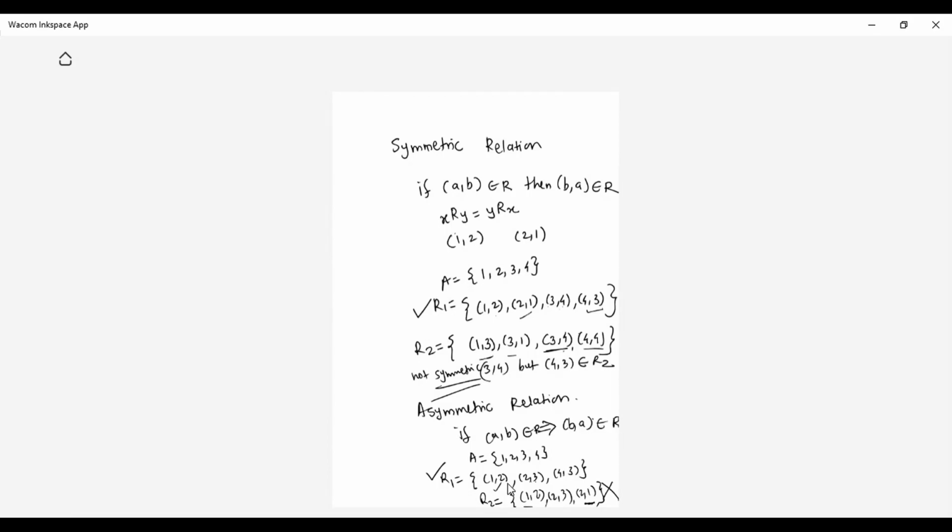Now next, very important is the anti-symmetric relation, student. I hope everyone is writing down the definition, because after this you are going to solve various problems based on the properties of relations.